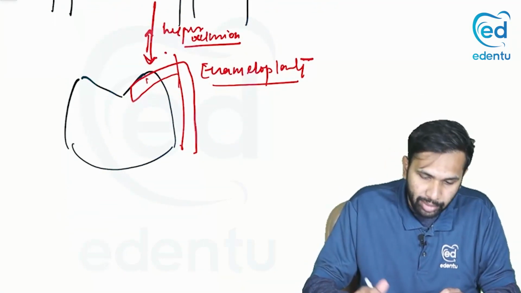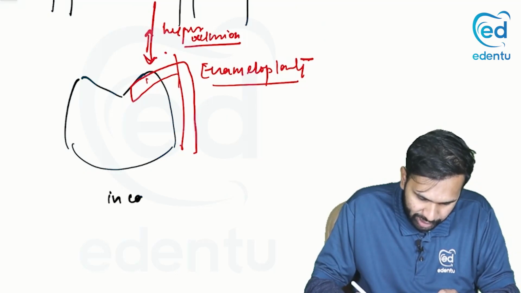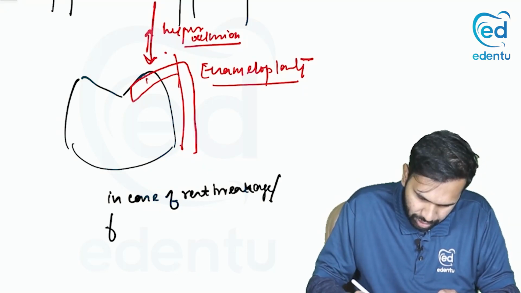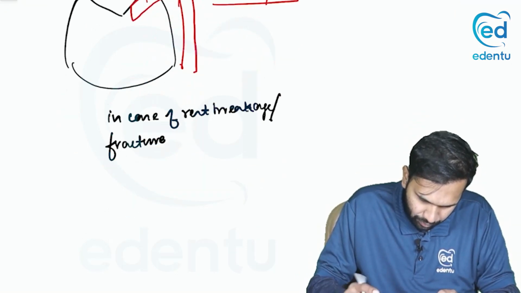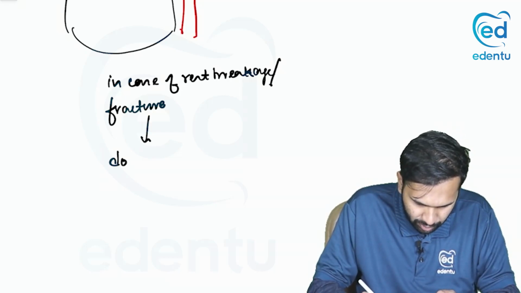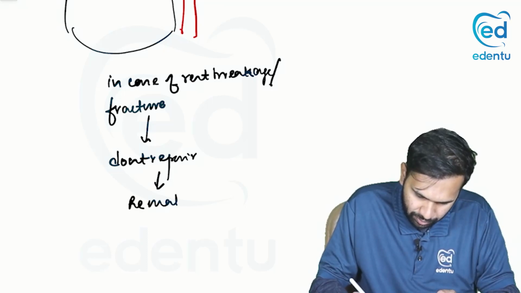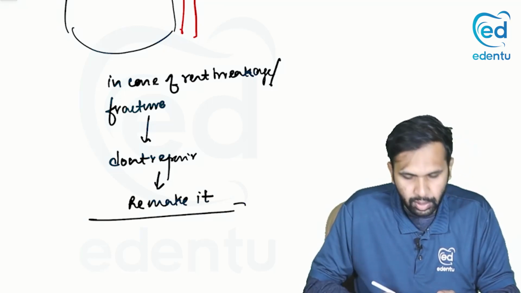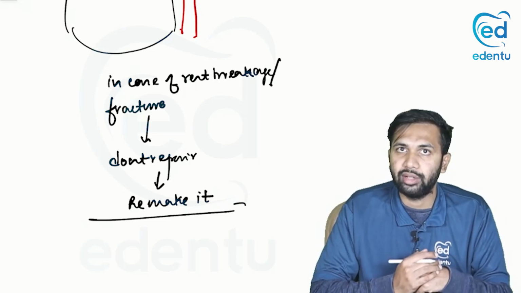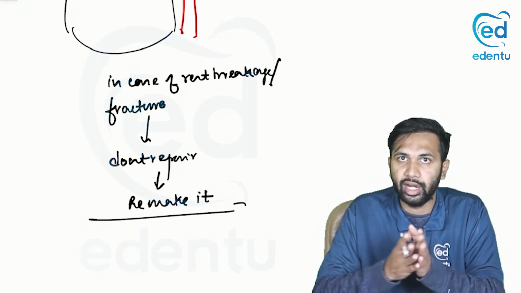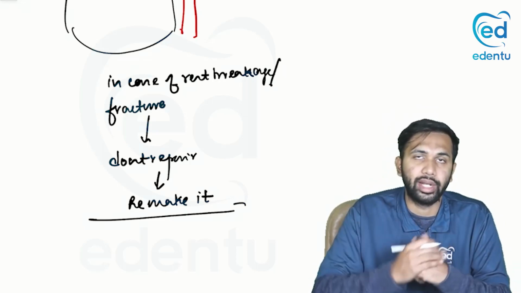Right? Coming to the next part, in case of rest breakage or rest fracture, do not try to repair it. Instead, you remake it. Since the rest is a very critical component, if it is fractured, do not try to join or weld it together. You always redo a rest.